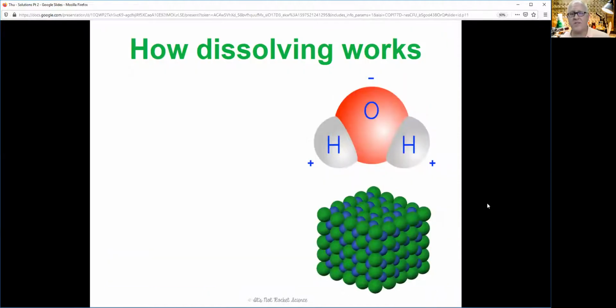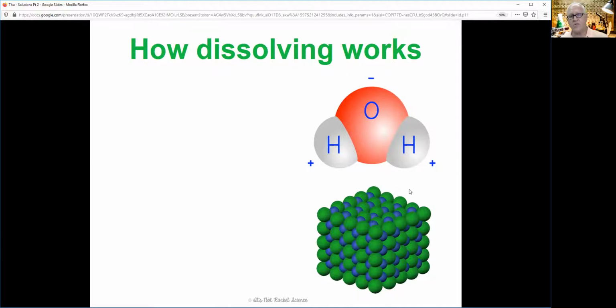Now let's talk about how dissolving actually works. And we're going to work here with the water molecule. If you look at the top right of your screen, that's a familiar shape for you. You have the 2 hydrogen atoms and the 1 oxygen atom.